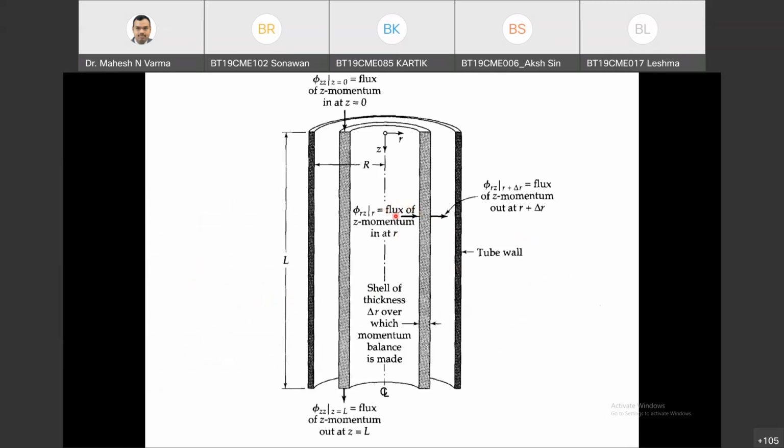This arrow. Velocity is in the z direction, coming into the differential shell in the r direction. That will be phi rz estimated at r.